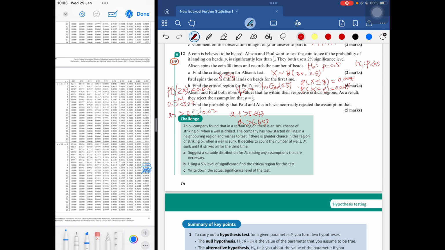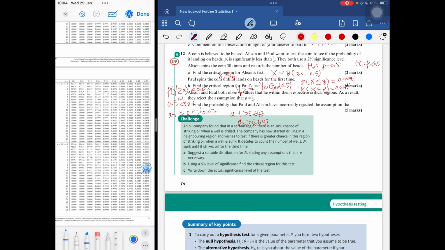So this is different. So number C. Alison and Paul both observed values within their respective critical regions. So as a result, they reject the assumption. Find the probability of incorrectly rejecting the assumption that p equals 1/2.